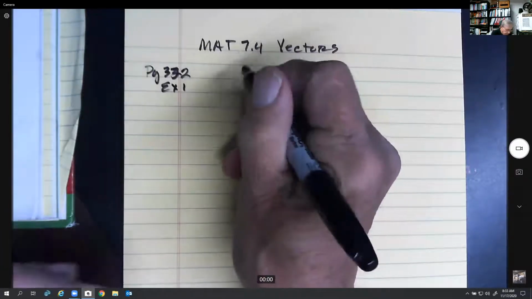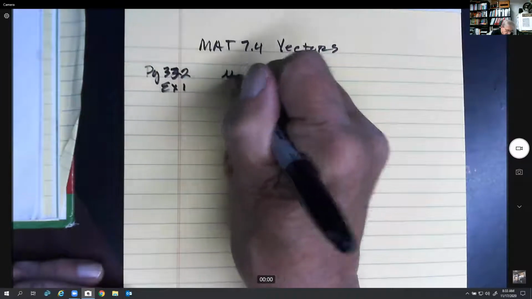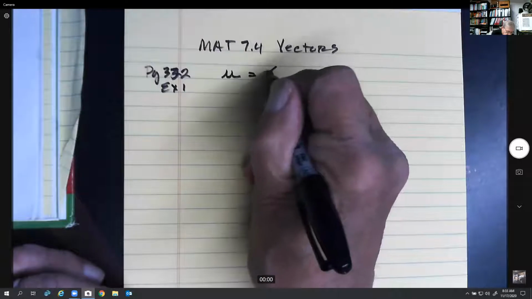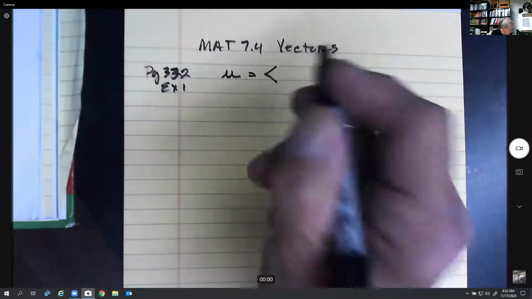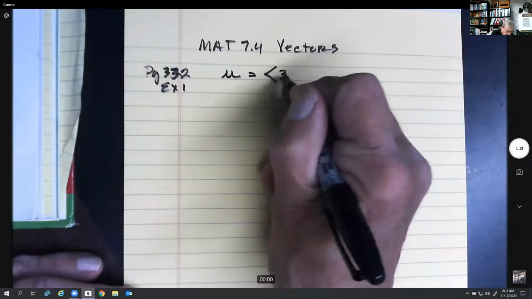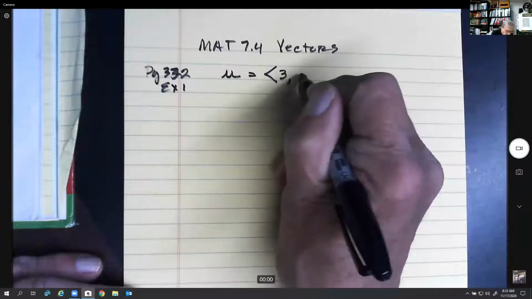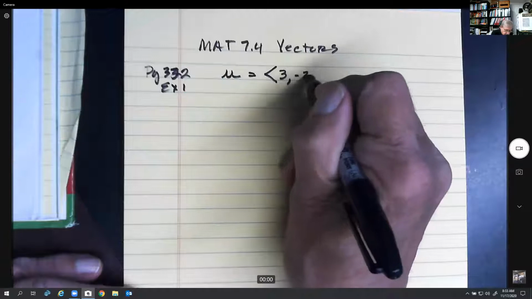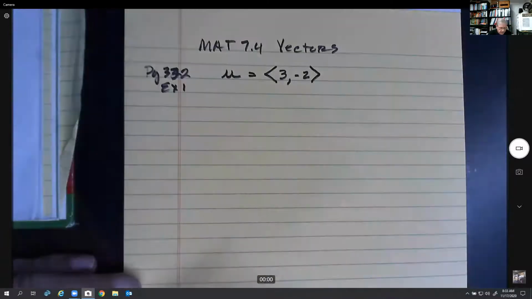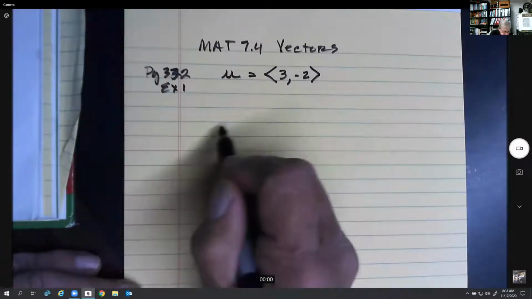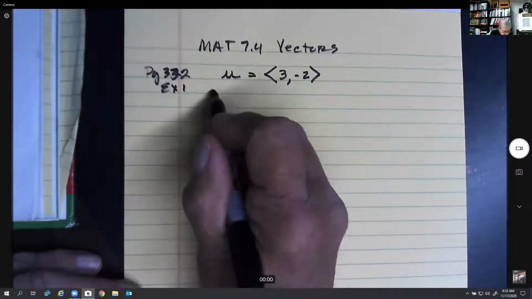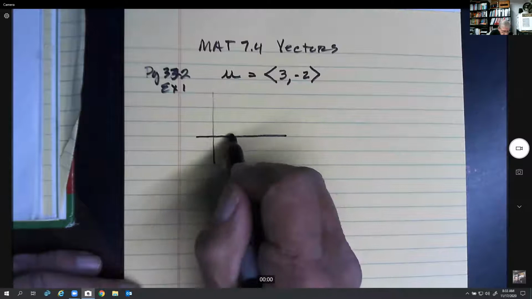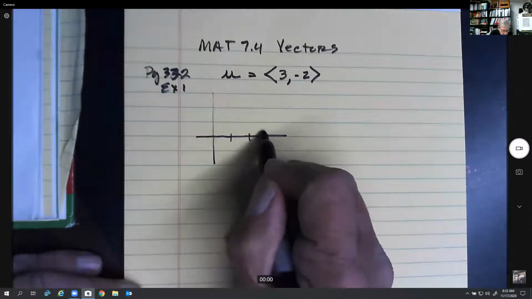Here you have a problem, and this is your resultant vector, and it's indicating it's a vector. And this is actually the point at which the vector ends, at 3, -2. This is what we call a position vector. If we could draw it real quick here, this distance right here is 3.